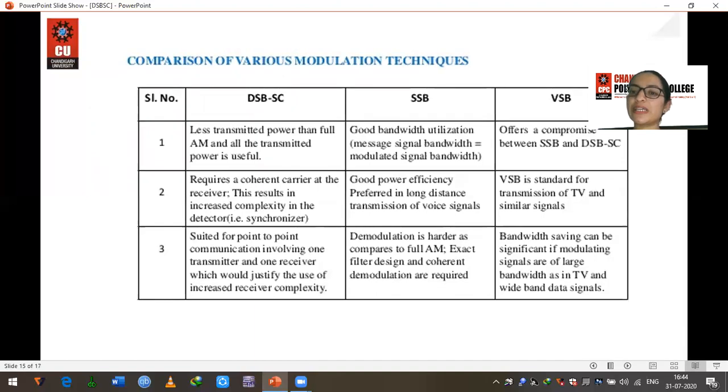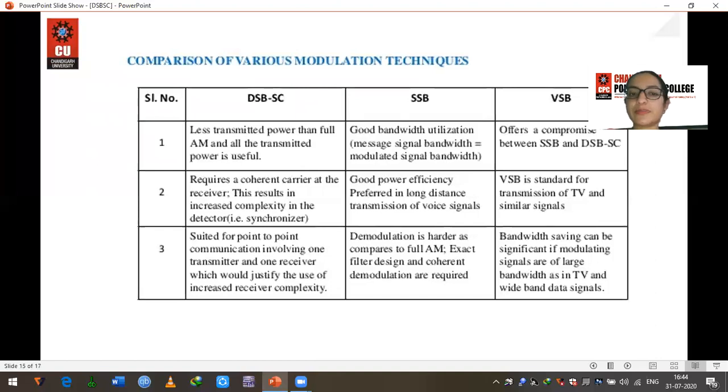VSB is a compromise between SSB and DSB-SC. DSB-SC requires a coherent carrier at the receiver, which results in increased complexity in the detector. The SSB, with good power efficiency, is preferred in long distance transmission of voice signals. VSB is the standard for television transmission of TV and similar signals.